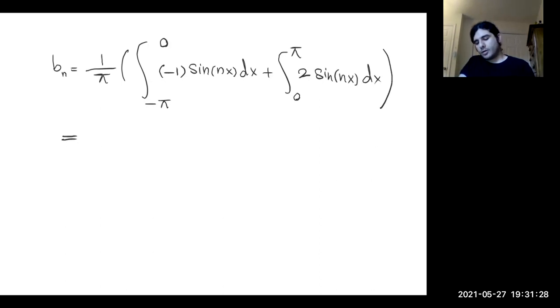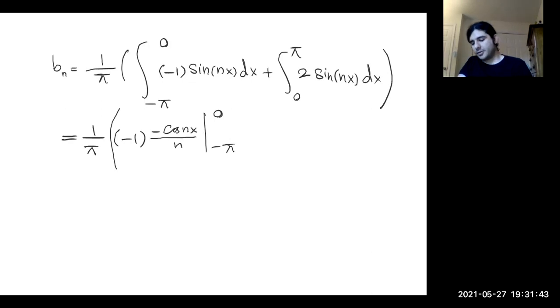It is equal to 1 over pi, minus 1 comes out of the integral. Integral of sine nx is minus cosine nx over n. We should evaluate that at minus pi and 0. Minus 2 times minus cosine of nx over n from 0 to pi.